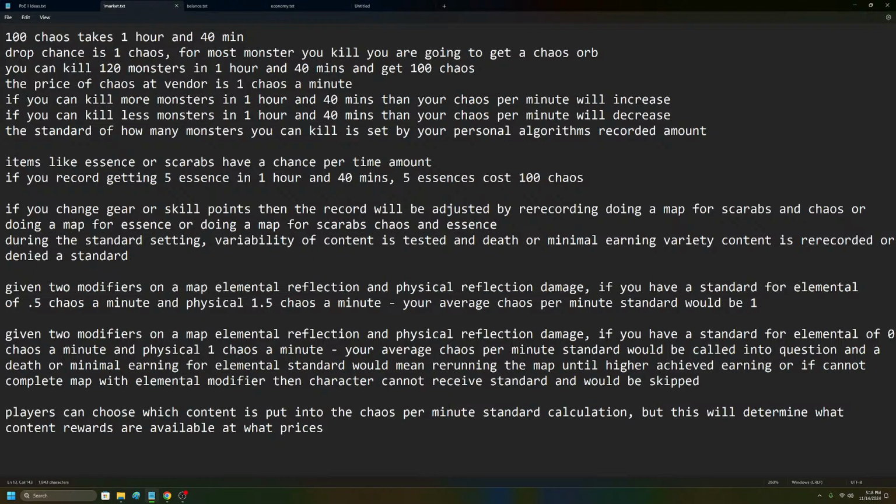And so in order for that to be done, every single monster in the game would have to have a specific time to kill. So the developers, Grinding Gear Games, would have to make about how long it should take to kill a monster, and then with modifiers, how does that change how long it takes to kill one specific monster.